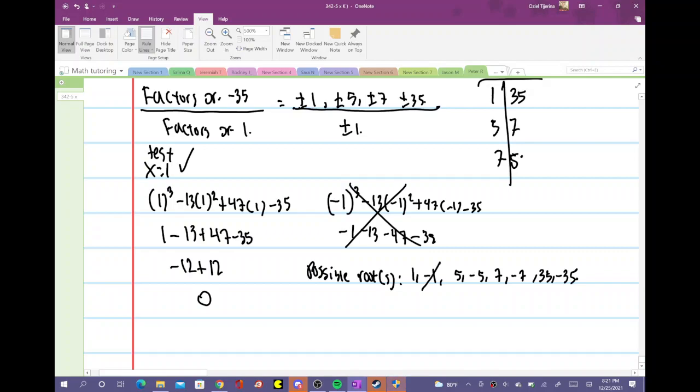What about 5? So if we plug in 5, we have 5 cubed minus 13 times 5 squared. And again, if you want to use a calculator, you can. So let me pull up Desmos really quick.